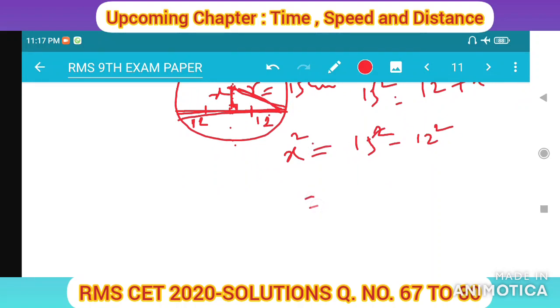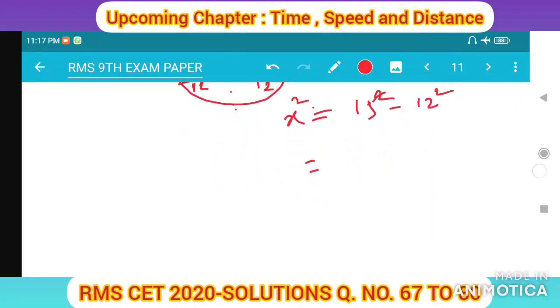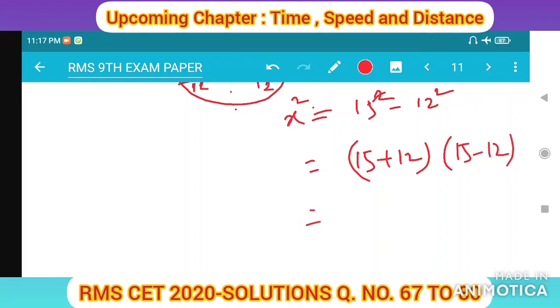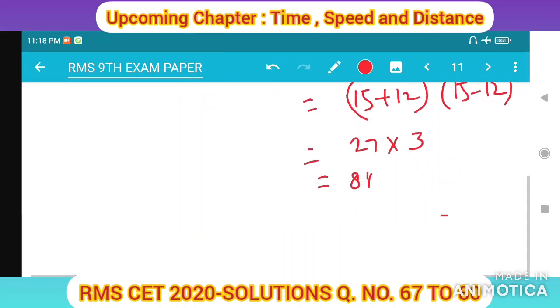See, a square minus b square means a plus b into a minus b. 15 plus 12 is 27, into 15 minus 12 means 3. 27 times 3 is 81. So x square is equal to 81. x is equal to plus or minus 9.